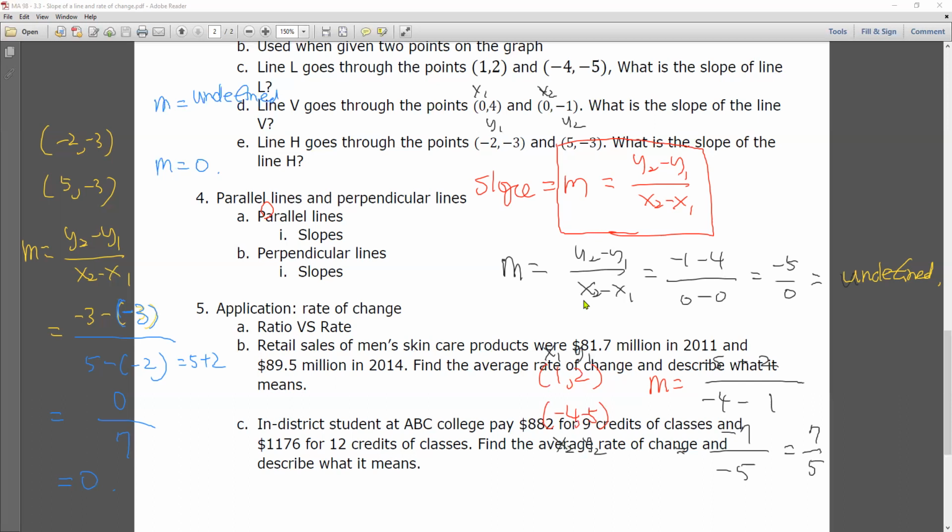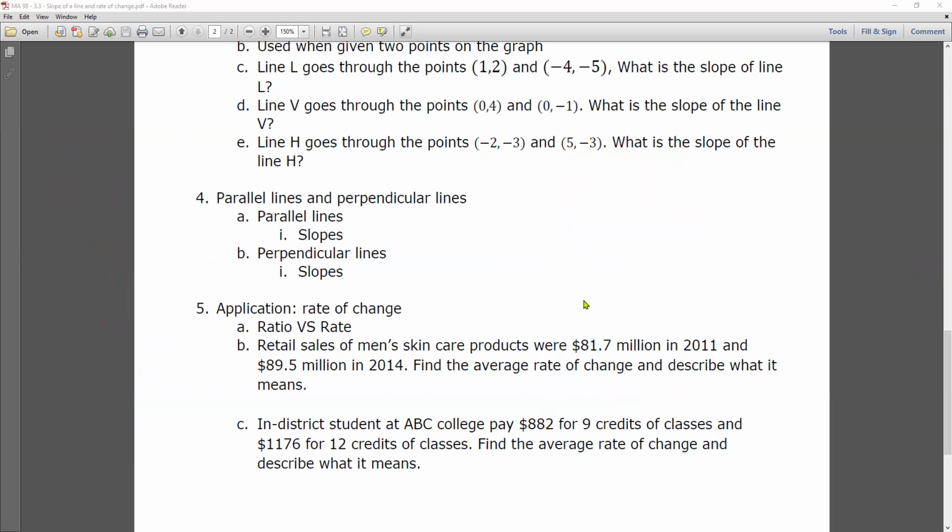Again, the slope formula is very important. Make sure you know how to use it, and make sure when you plug in numbers that you keep track of all the signs and remember how to add and subtract integers.